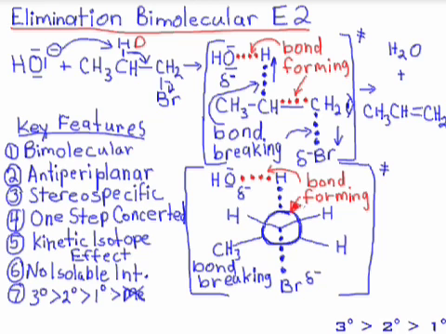Okay, what about the relative rate? Well, the relative rate: tertiary faster than secondary, faster than primary. What can cause that?